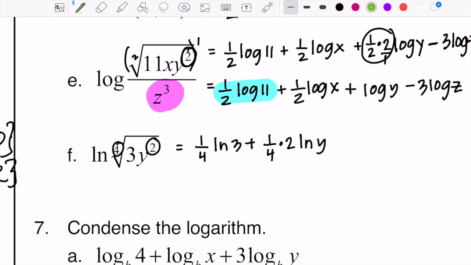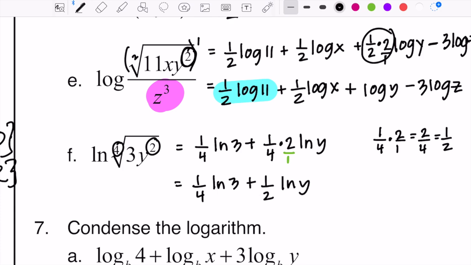And then again, just for friendly reminder purposes, multiplying fractions, no big problem. Top times top over bottom times bottom. So this is 2/4, which you know reduces to 1/2. So this is 1/4 natural log of 3 plus 1/2 natural log of y.